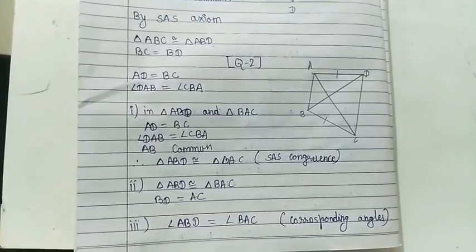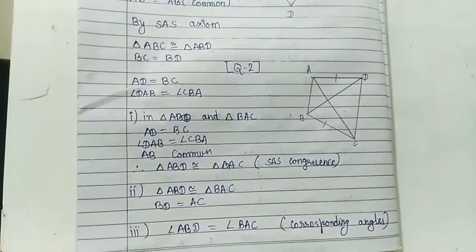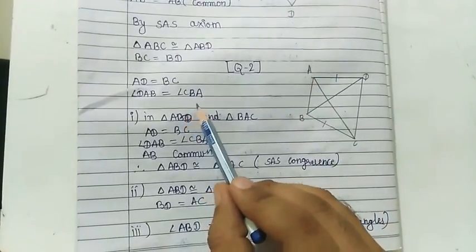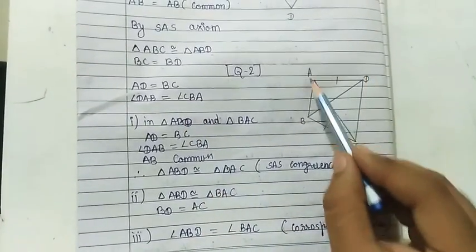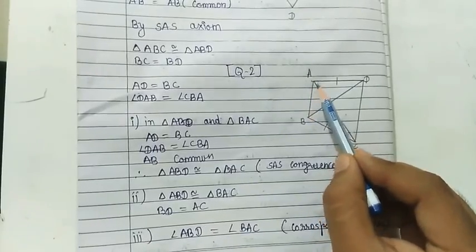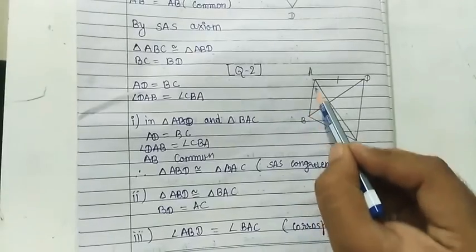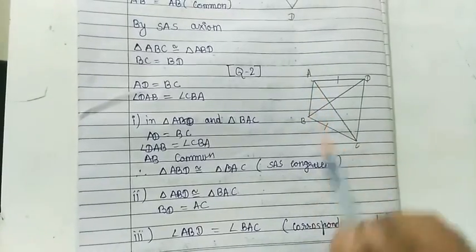So here I draw the figure. In this figure, AD is equal to BC, that is given. And now DAB and CBA both are same. DAB means this angle, and CBA, these both angles are same. Okay.